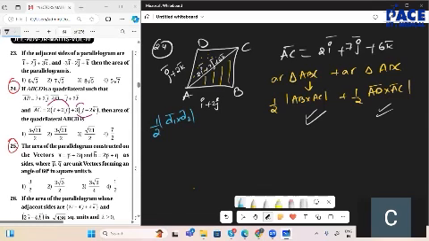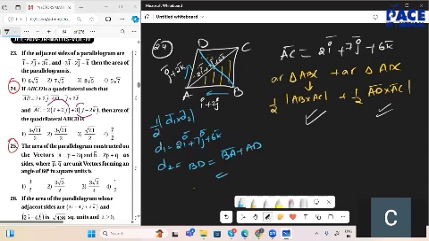Now, how do I get diagonal 1? I am already having diagonal 1. Diagonal 1 is nothing but 2I plus 7J plus 6K. Now, how do I get diagonal 2, which is nothing but BD? How to get BD? BD is nothing but, according to the triangle law, observe, BA plus AD. But what do I have?